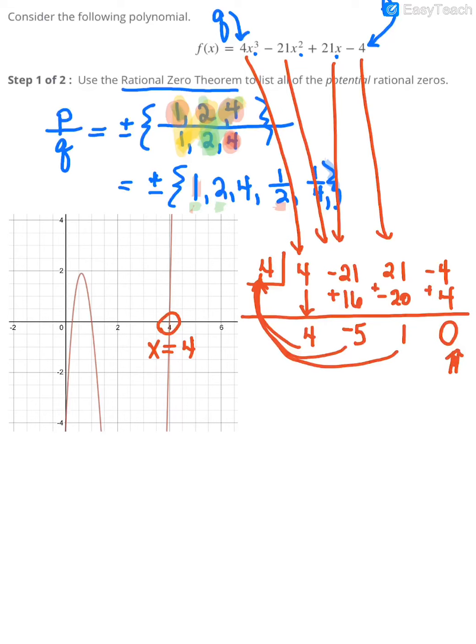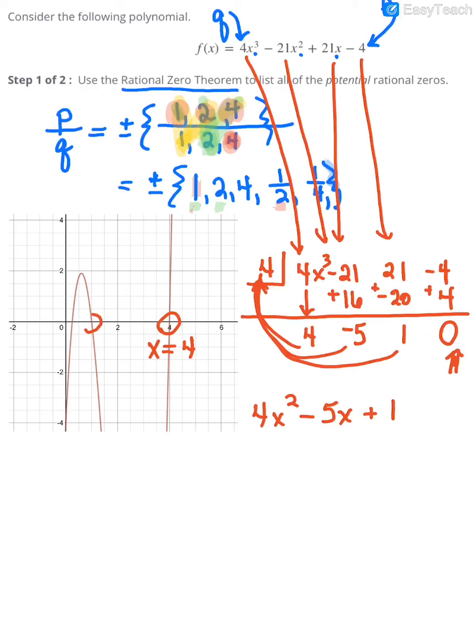Now, our depressed polynomial, since this started out as 4x cubed, we now have 4x squared minus 5x plus 1. And we can do one of three things. We can try to factor it as is. We could use the quadratic formula if we wanted, or we could go back to the graph and see if there is a second zero that we can identify.